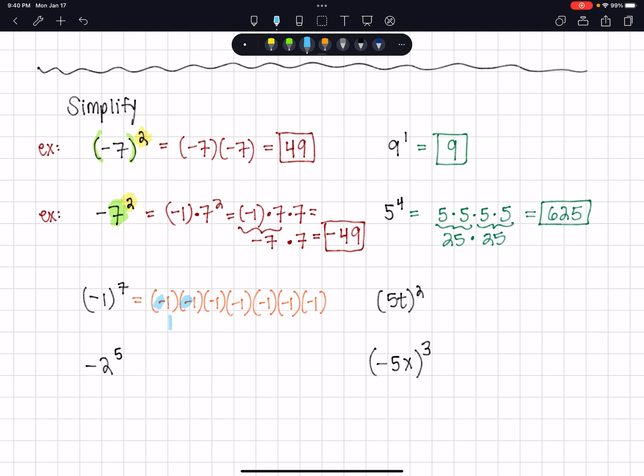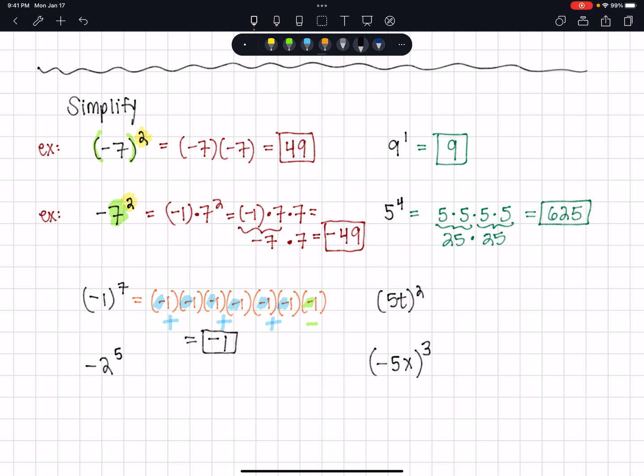So I'm going to put positive right there. This negative times this negative is a positive. This negative times this negative is a positive. And then those positives times this negative will give us a negative. So we're going to end up with a negative, and then 1 times itself 7 times is 1.